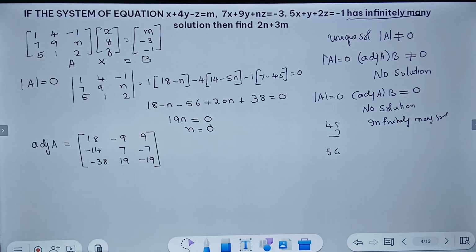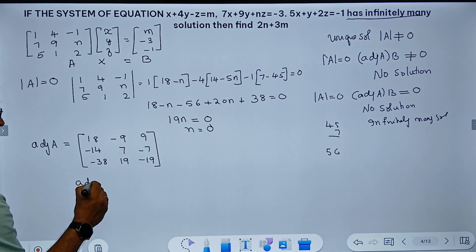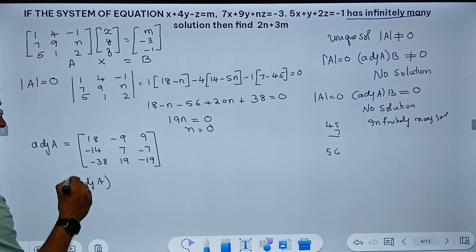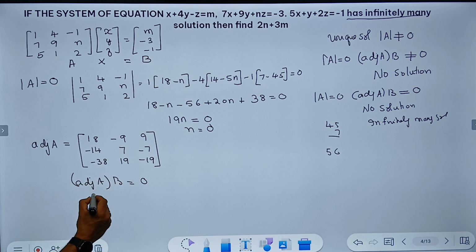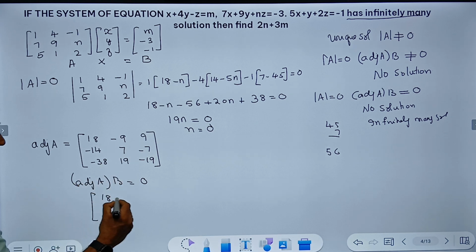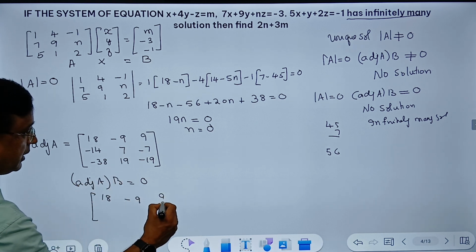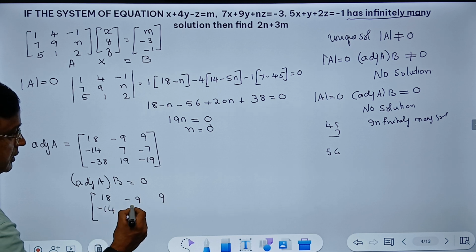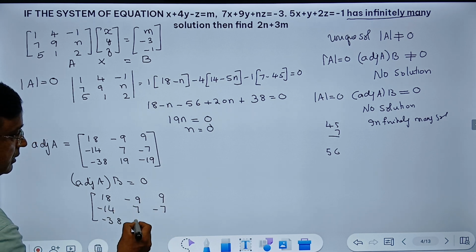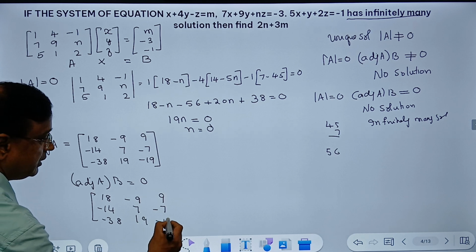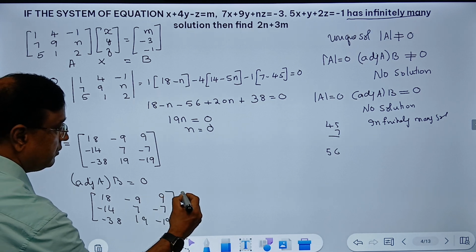Now you know adjoint of A into B must be 0. So I have got adjoint of A, that is 18 minus 9, 9 minus 14, 7 minus 7 minus 38, 19 minus 19, into what is B?